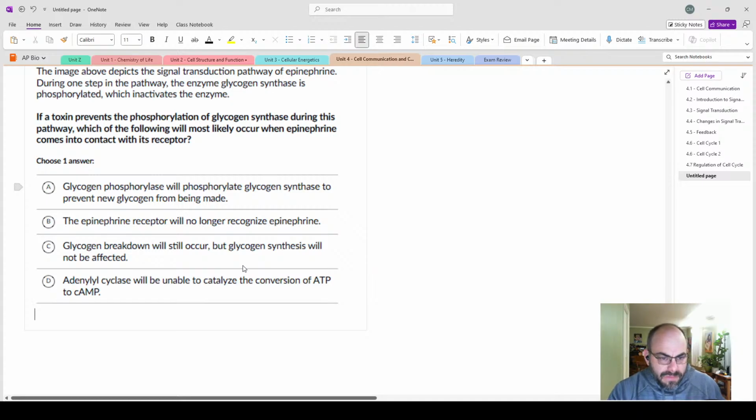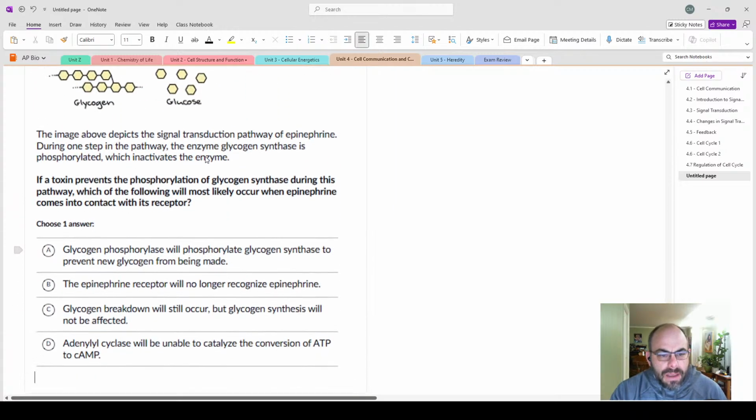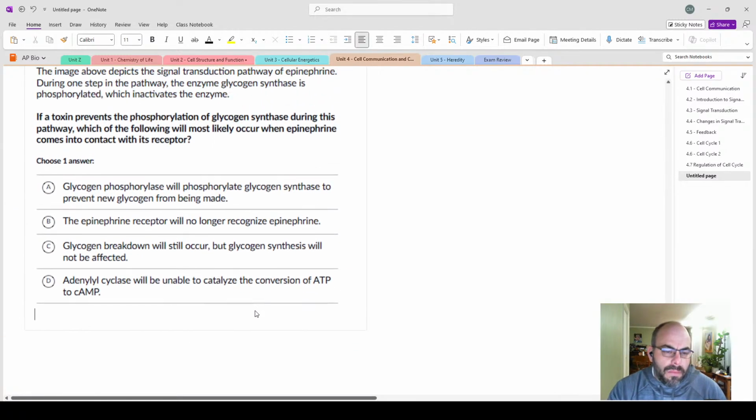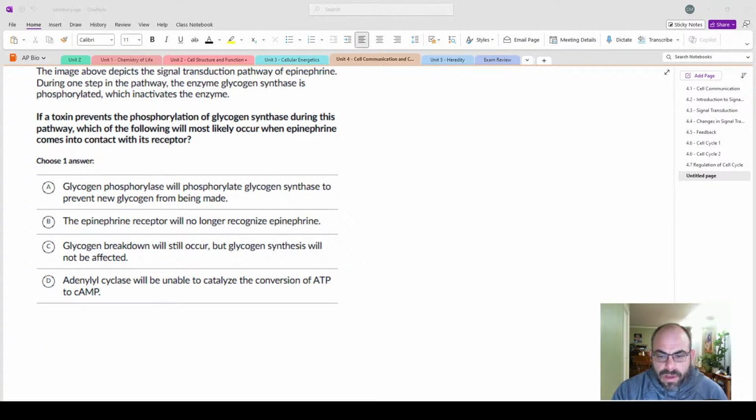If a toxin prevents the phosphorylation of glycogen synthase, and if this happens... I'm looking at it backwards, I think. I'm doing the same thing I'm telling you guys not to do. I think it's C. Let's find out. I might be wrong.